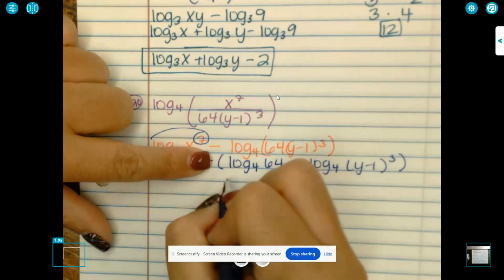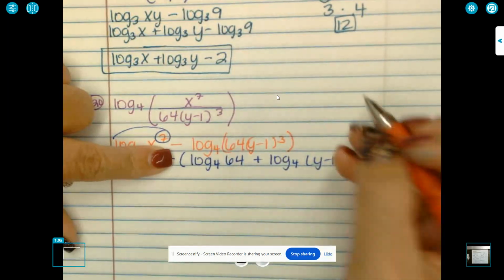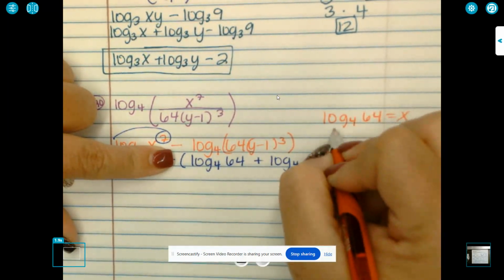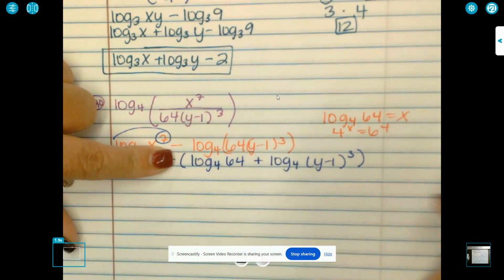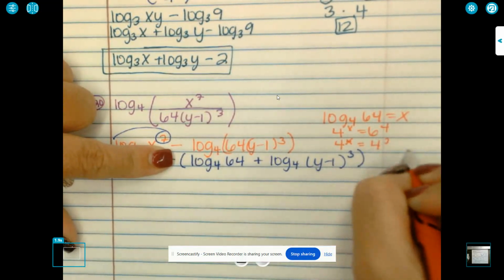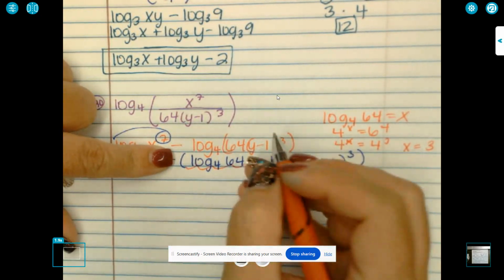Okay, keep it going. So log base 4 of 64, let me show that work again. If we have log base 4 of 64 equal to x, that means 4 to the what gives me 64. And we know x would be 3. 4 times 4 is 16, 16 times 4 is 64. So this whole thing right here is just going to turn into 3.